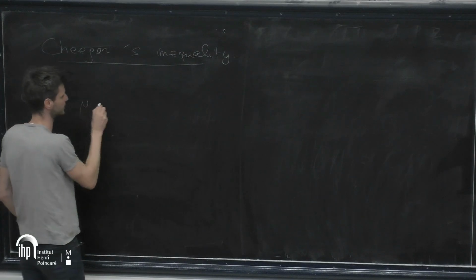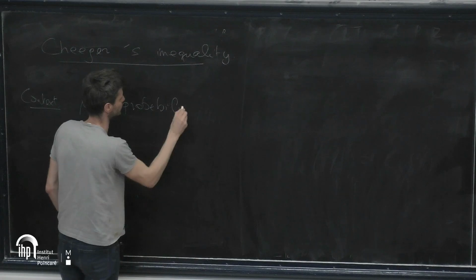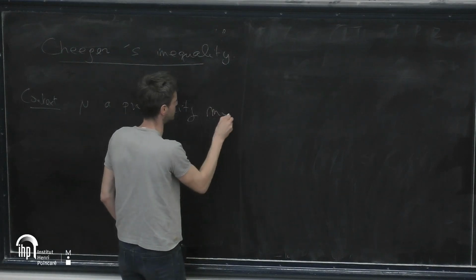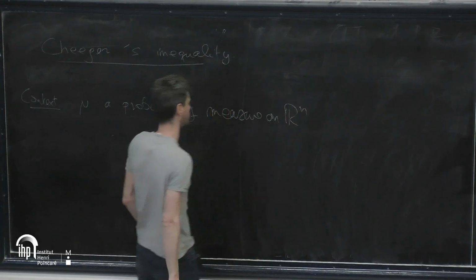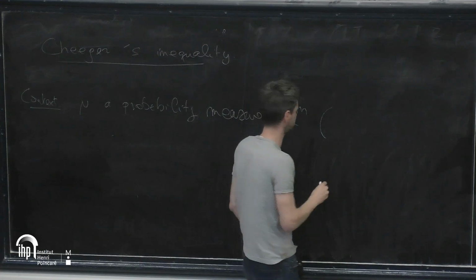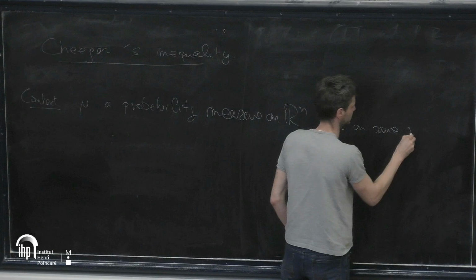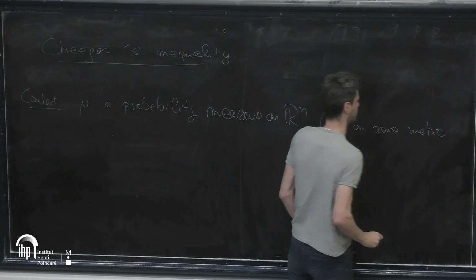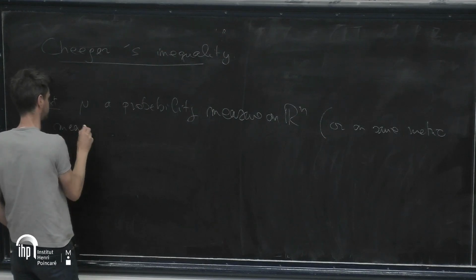So mu is a probability measure on Rn. Or maybe at this stage it could be a more general situation, or on some metric measure space.